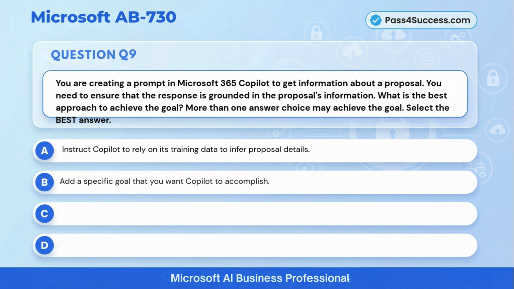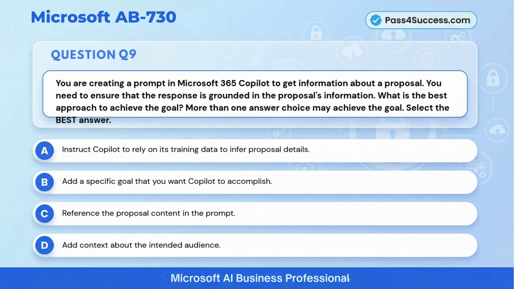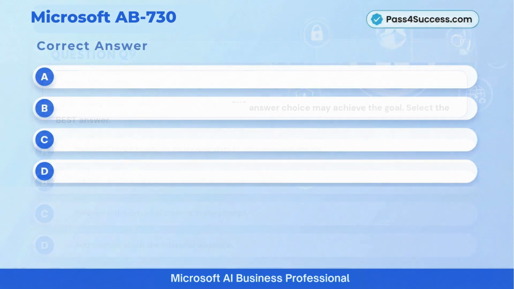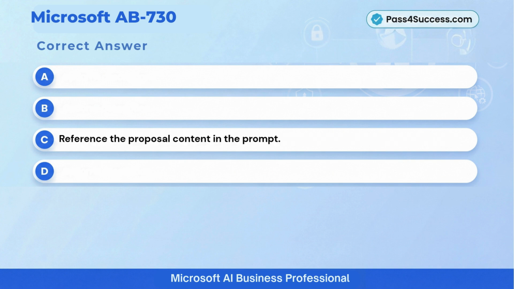Option B, add a specific goal that you want Copilot to accomplish. Option C, reference the proposal content in the prompt. Option D, add context about the intended audience. Correct answer is C, reference the proposal content in the prompt.